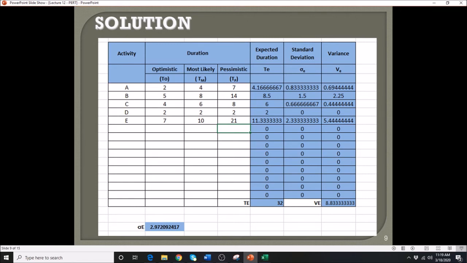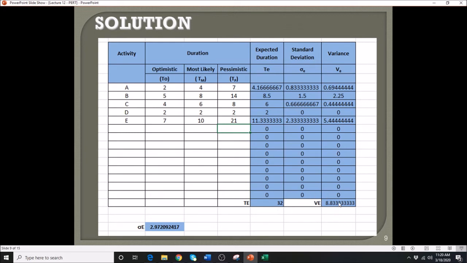Take note again, there are several letters or variables that you will be dealing with. The small e here corresponds to the activity. The capital letter E here corresponds to the entire project. So take note, we have the expected duration for the project, 32 days.